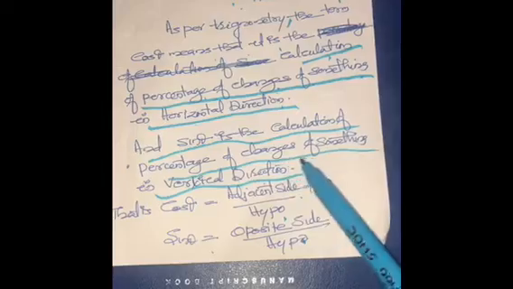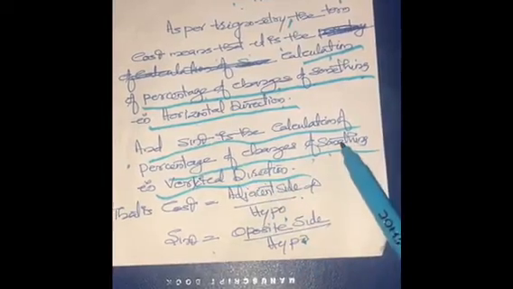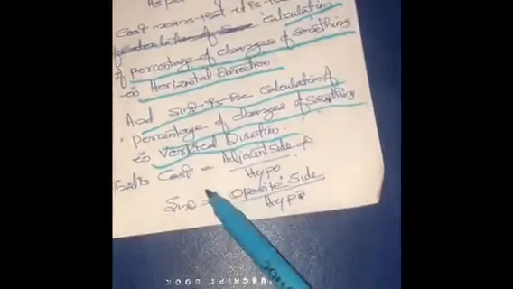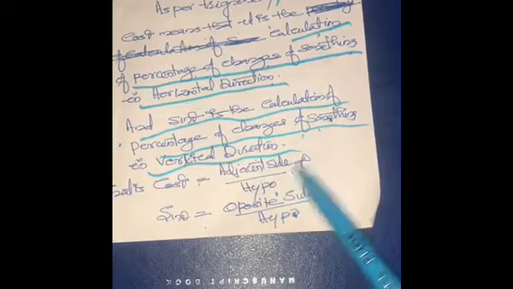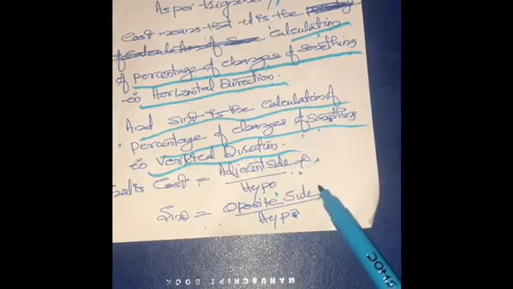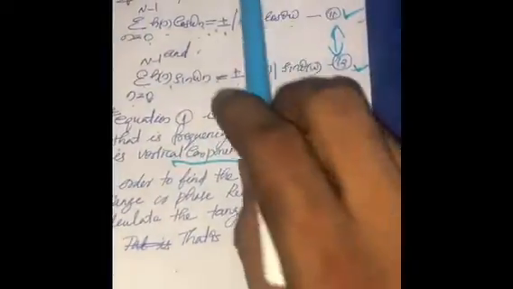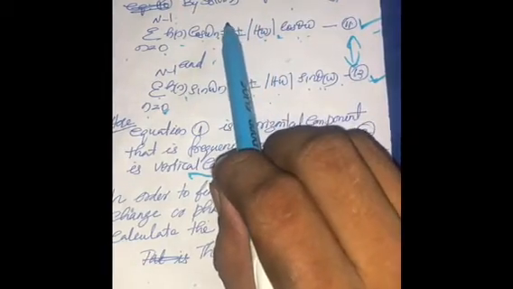That is, the percentages of changes of something in vertical direction is known as sin theta. Now, the cos theta is equal to adjacent side by hypotenuse and sin theta is equal to opposite side by hypotenuse. Here, signals are changed in both vertical and horizontal direction. That's why we have two components, sin theta and cos theta.